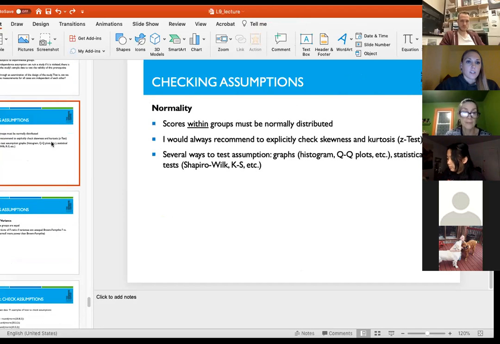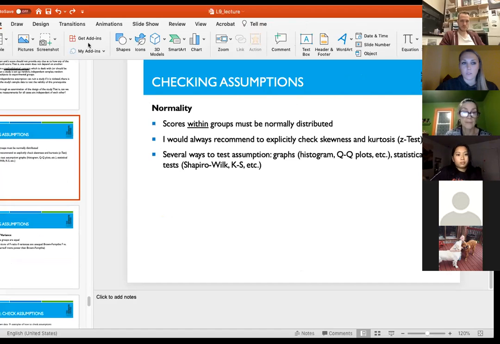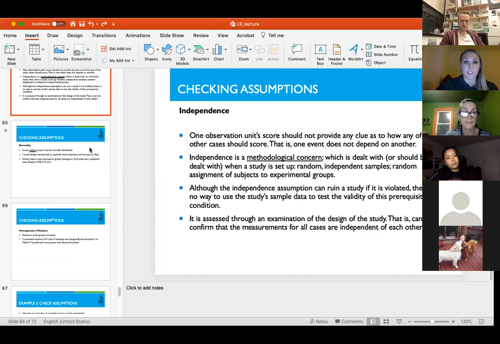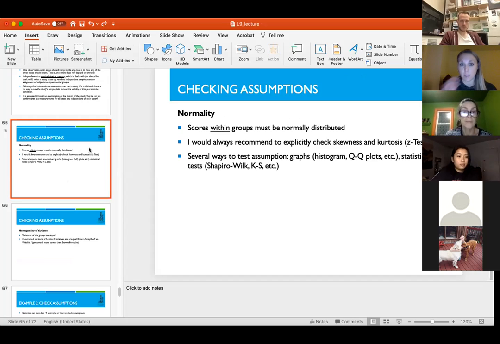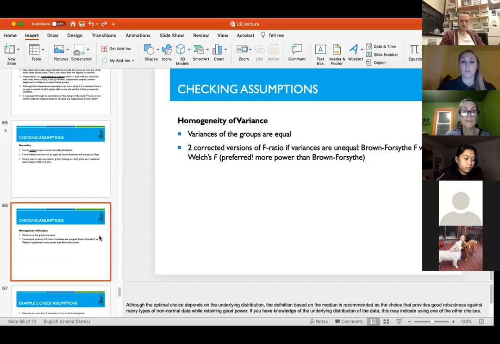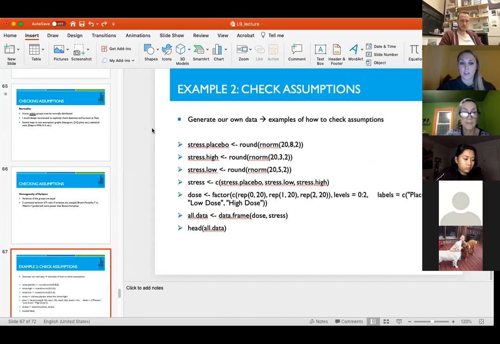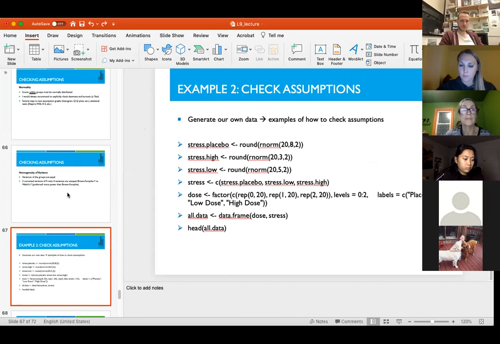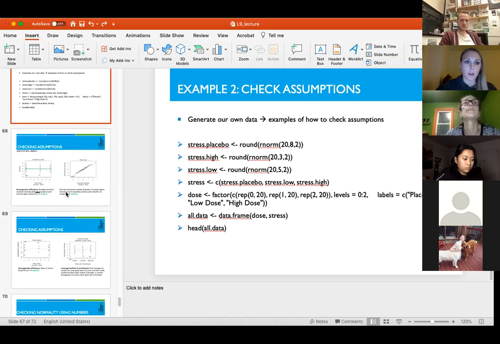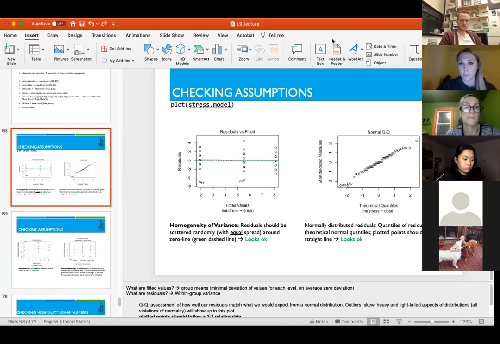All right, I'm not actually going to go through each of these just for time purposes, because we already went through these with independent samples t-tests, and these are all going to be the same. You want normality within groups, homogeneity of variance, independence of samples, all of this. Maybe I will show you one thing in R, and then I'll wrap up.